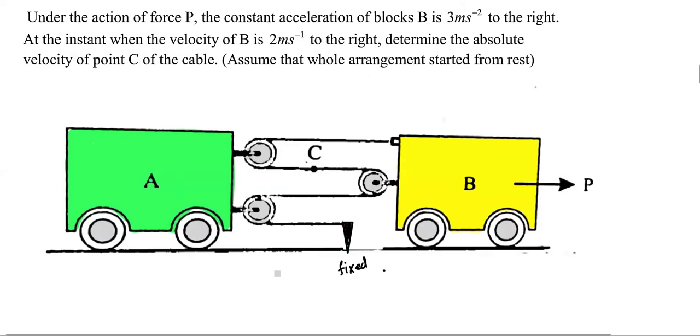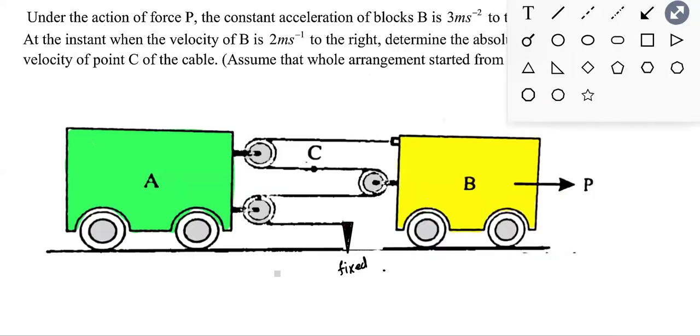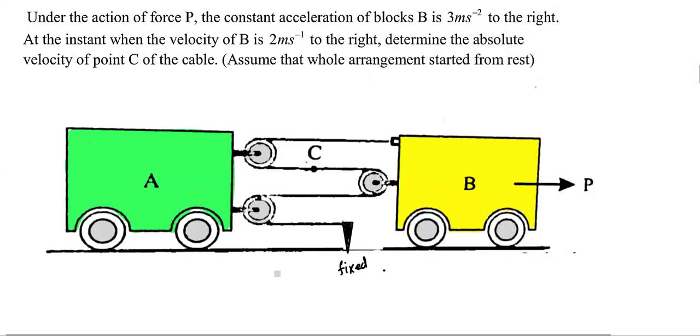We'll calculate all other unknown things. First, we'll take help of the constraint equation. So there's a fixed point, and we have some movable pulleys. If you see, the displacement of the block B should be equal to displacement of this movable pulley. And this length of string will not change.